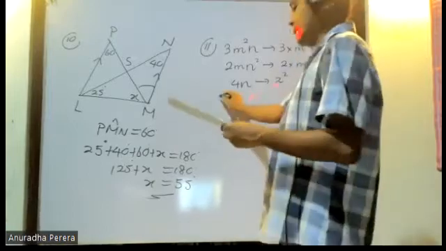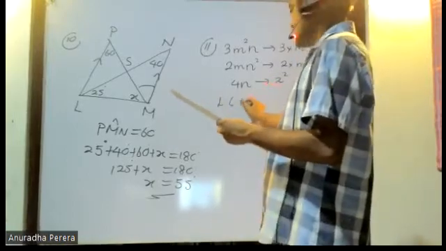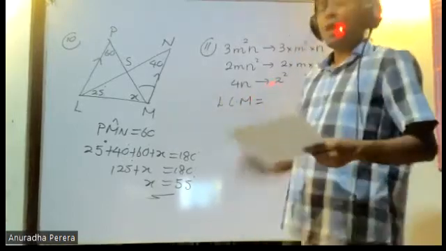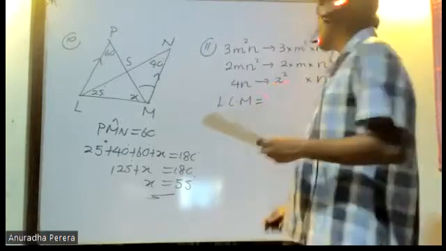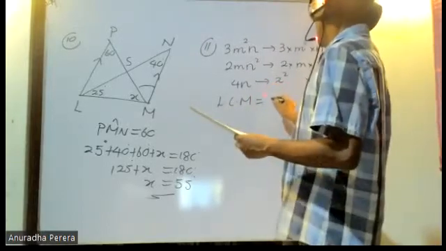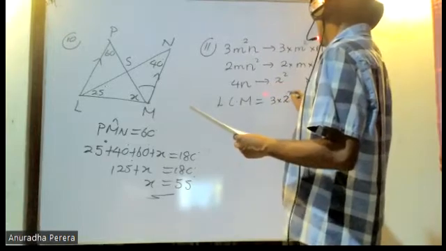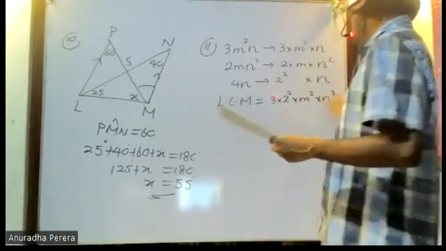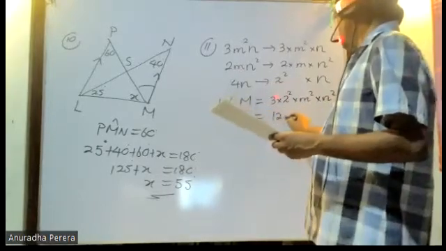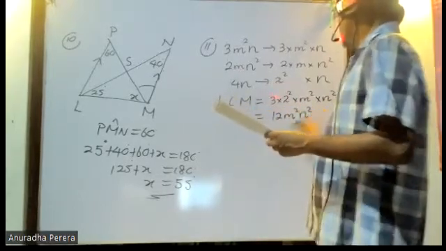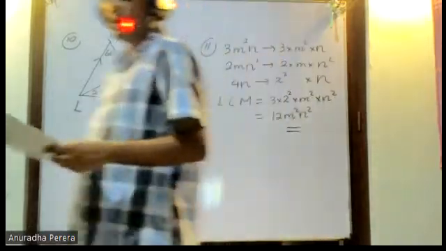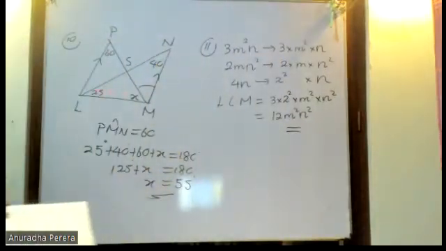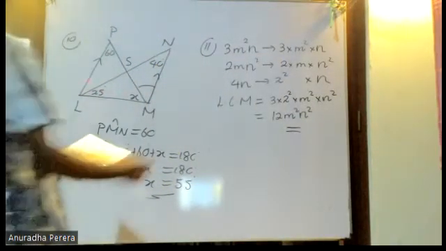Then when finding LCM, we need the product of the highest powers of the different bases. The 3, 2 to the power 2, m to the power 2, then n to the power 2. 12 m squared n squared. This is the answer. Question number 12.